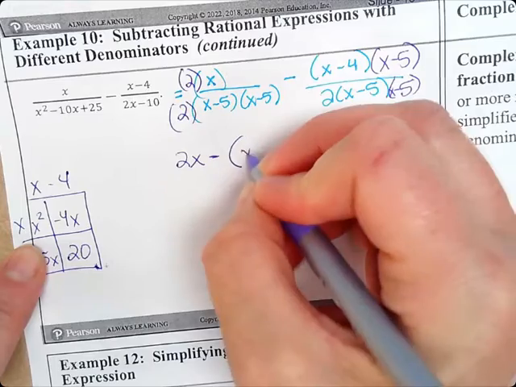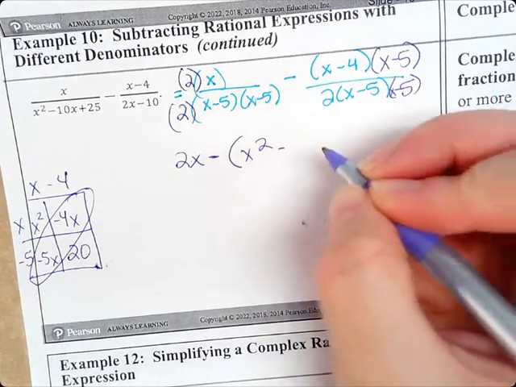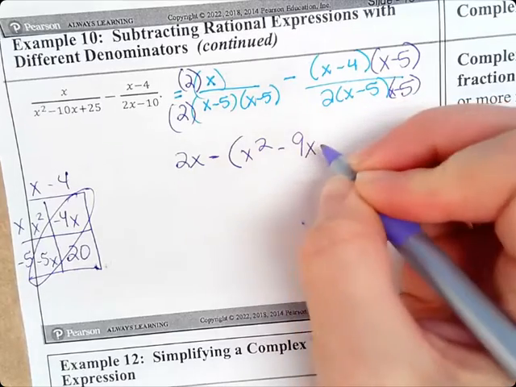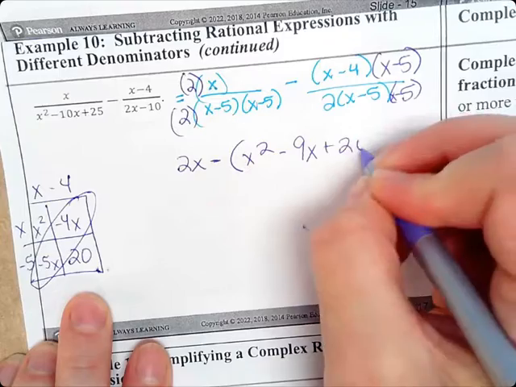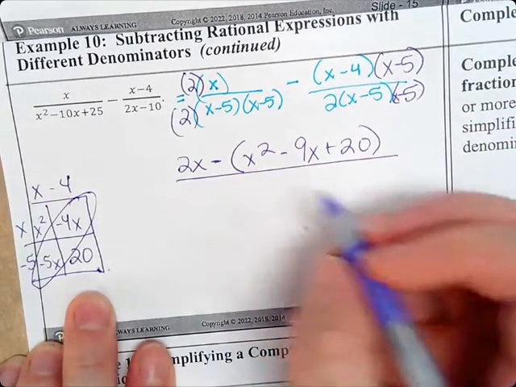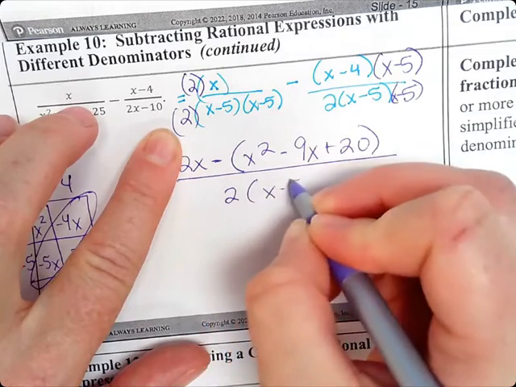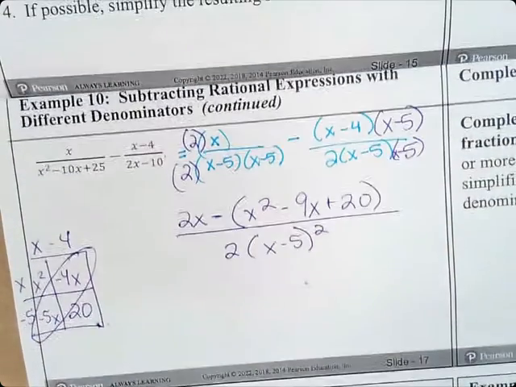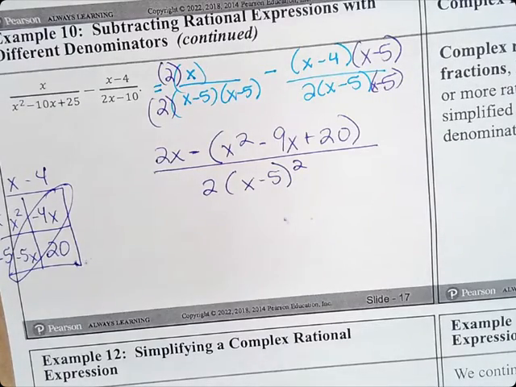So whenever I do that, I get x squared minus 9x plus 20. Over. Why don't we go ahead and write it with the x minus 5 squared, like that. And we can always expand it out later.